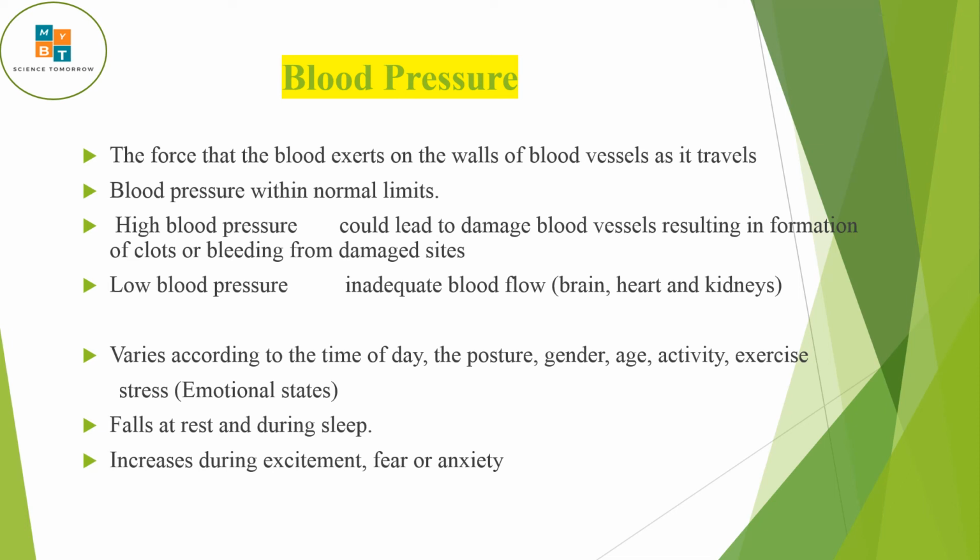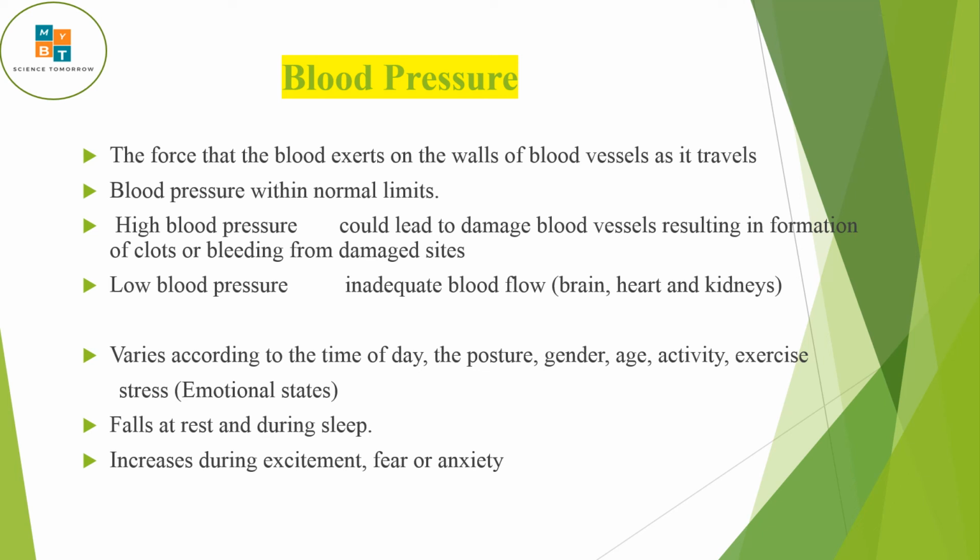So there's a normal limit for blood pressure. If the blood pressure is more than the normal range, you call it high blood pressure, and this will lead to clot formation, and also there may be damage to the blood vessels. And if you have low blood pressure, which is decreased from normal, there may be inadequate blood flow.